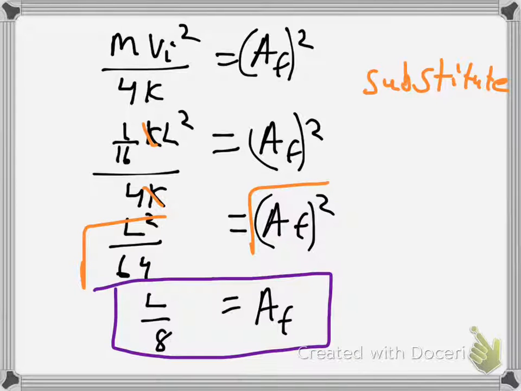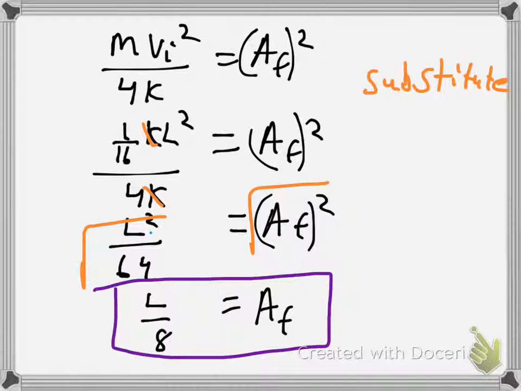By implementing that, you can see we get 1/16 over 4, so that means we're going to get 64 in the denominator. The k's will cancel, and we're only left with L squared in the denominator, so square root on both sides. We get that the final amplitude is 1/8 L. So originally it was 1/4 L, now it is 1/8 L.